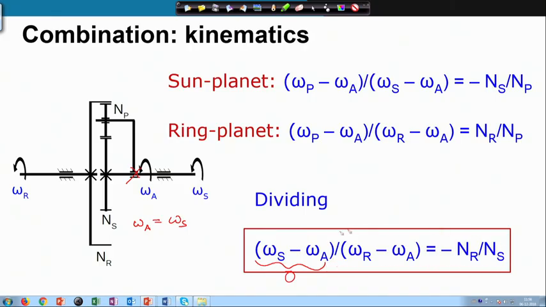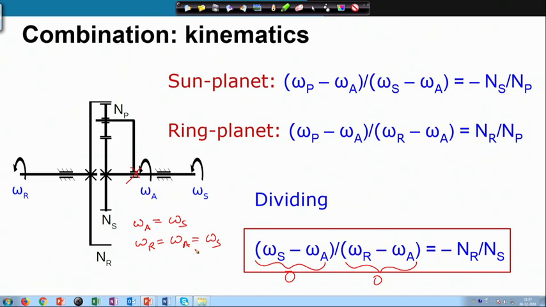Therefore, in order to have this relation valid, this also must be 0, which means that the omega of the ring gear must be equal to omega of the arm, and that is equal to omega of the sun. Therefore, all of them are matched. If I fix the arm onto the sun, all the gears move at the same angular speed, omega r is equal to omega a is equal to omega s.